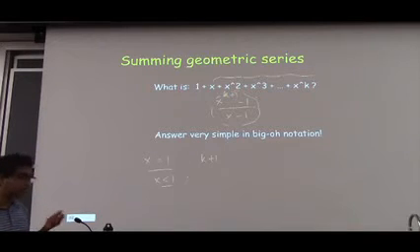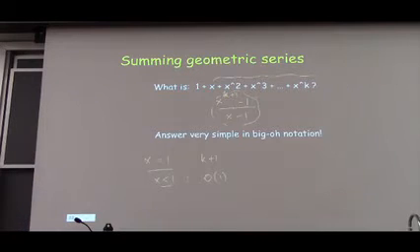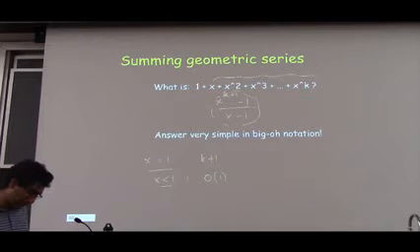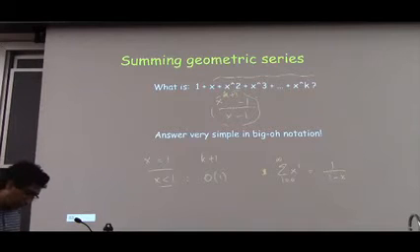So the overall sum is just a constant. In particular, the infinite sum of x to the i, i equals 0 to infinity, is 1 by 1 minus x, which is finite, because x is smaller than 1 and positive. And this is always a constant.